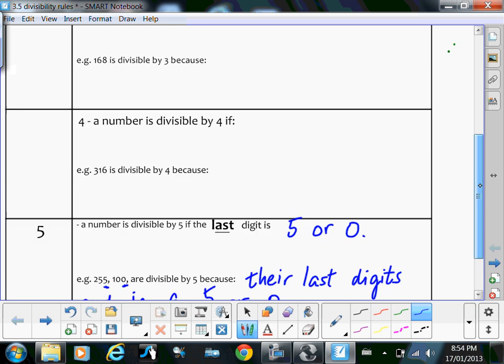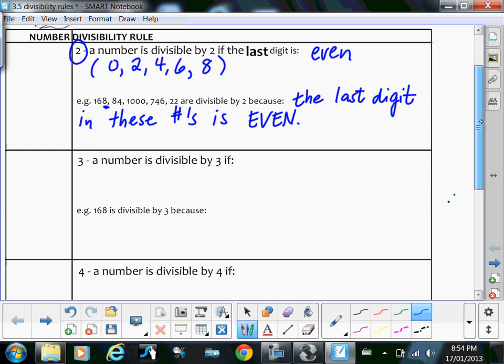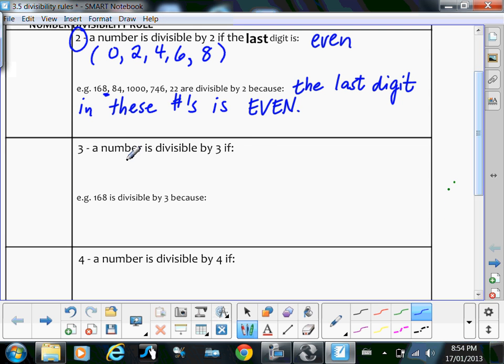Now, I'm going to go up to the top again, and let's do the divisibility rule for 3. I find the divisibility rule for 3 to be very handy, and I'll explain why. It's a neat trick.